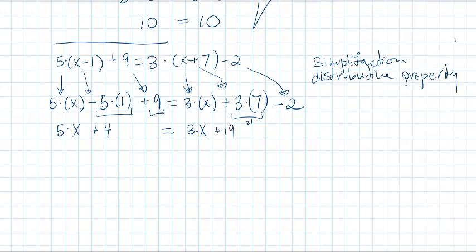Okay, so now we have a much simpler equation, and now we will use our various properties in order to group the different elements. First step, let's use the subtraction property, okay? Because we would like to move this 3x basically to the other side. So we want to remove our variable from the right-hand side.